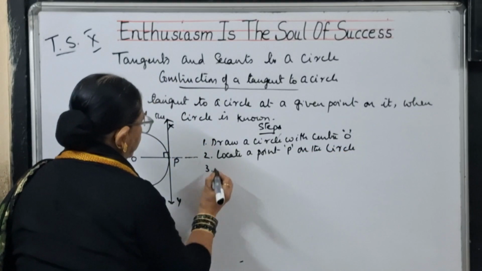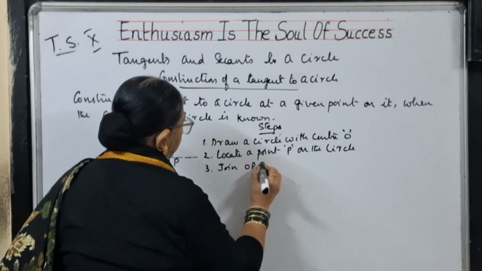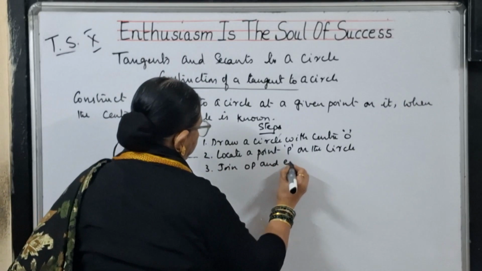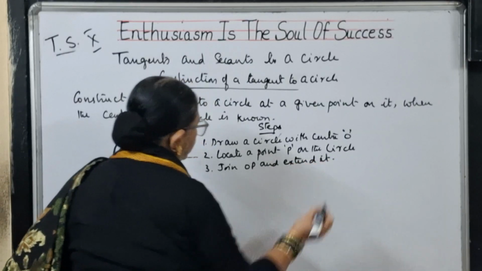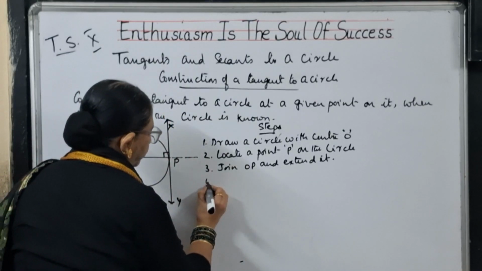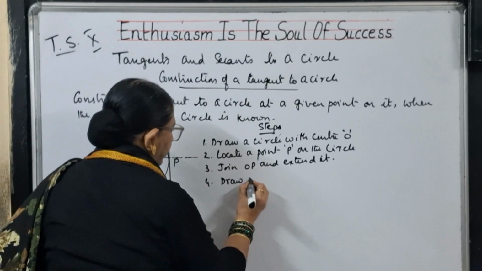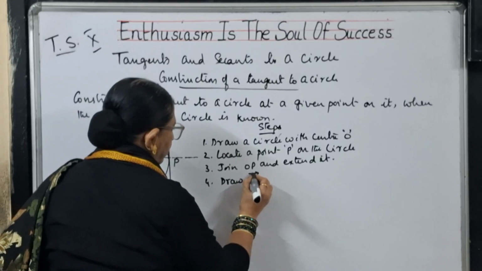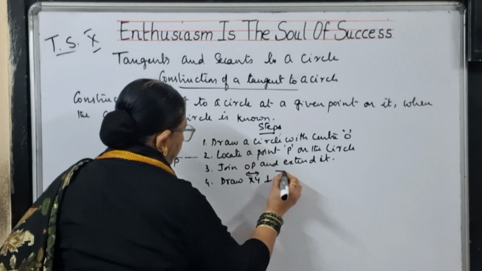The third step is join OP and extend it, so that you can draw a perpendicular. Fourth, draw line XY perpendicular to OP.